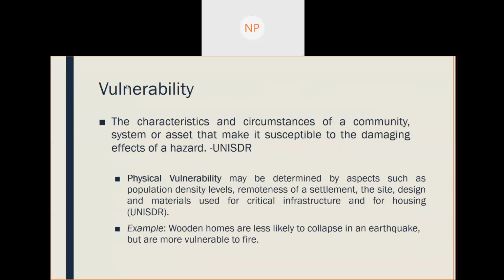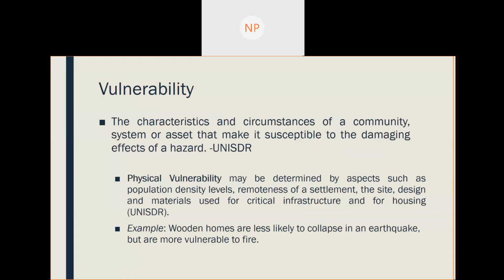Now we come to a very important terminology in the subject, which is known as vulnerability. The moment I utter the word hazard, the thing you have to remember is that it has a probability of occurrence.